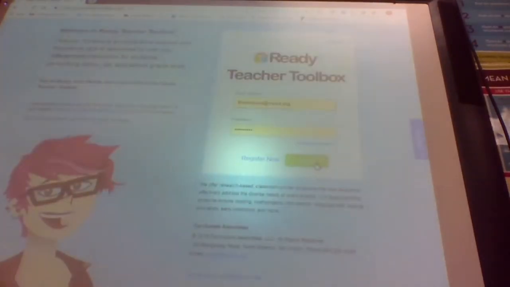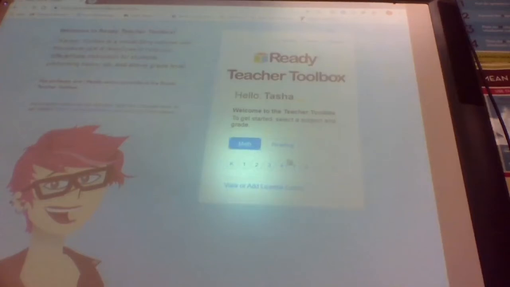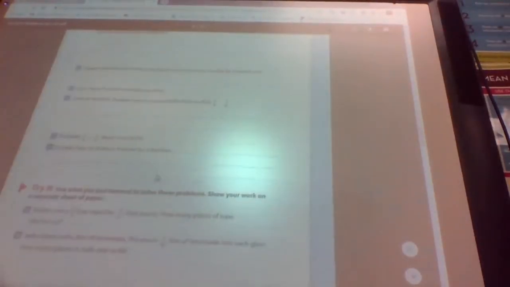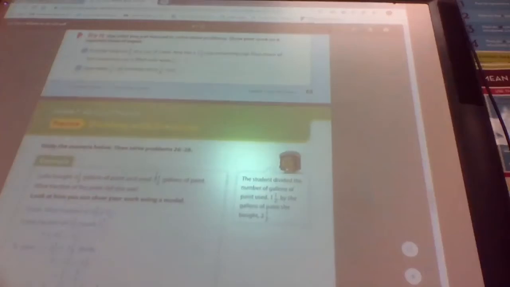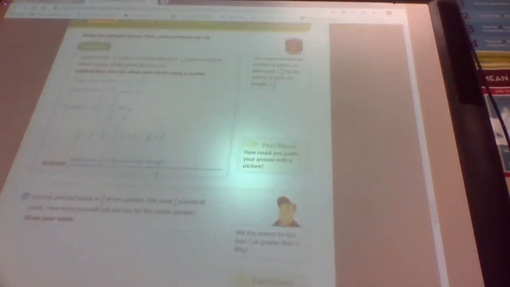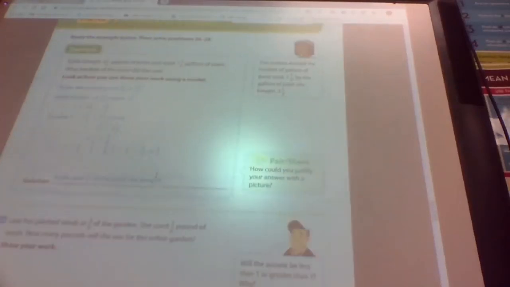All right, page 66. All right, let's look at the first problem.